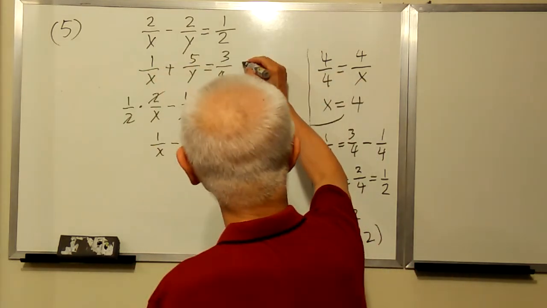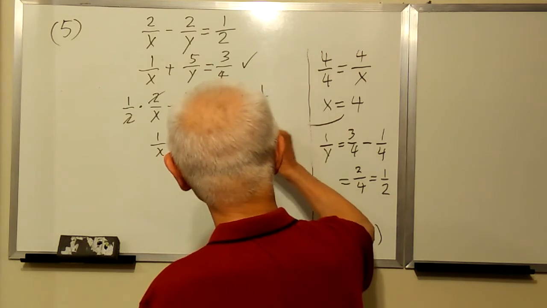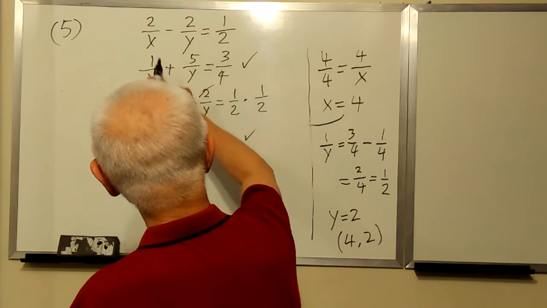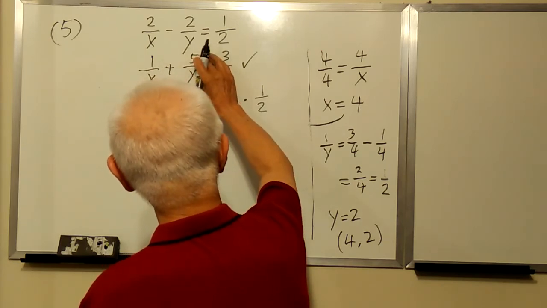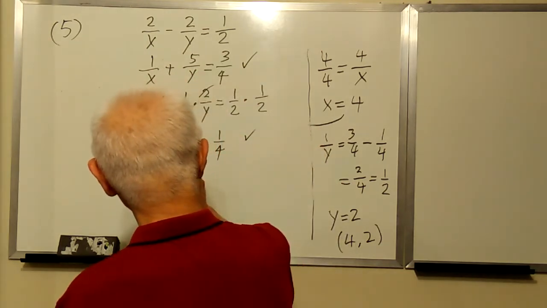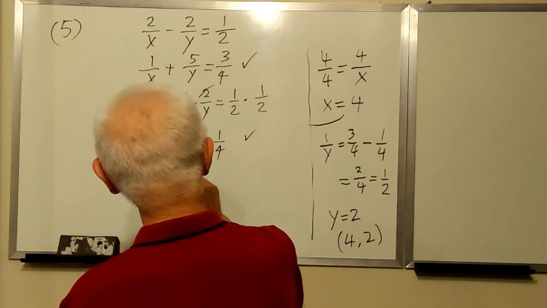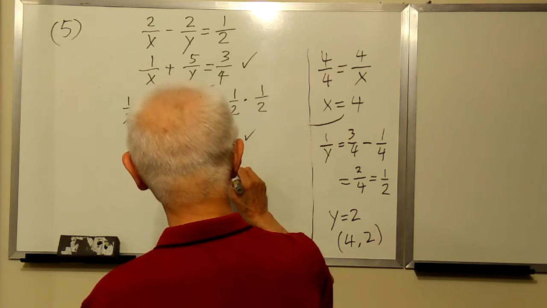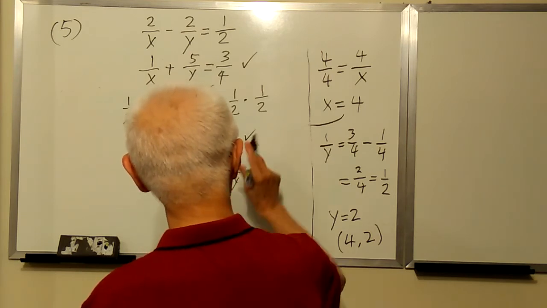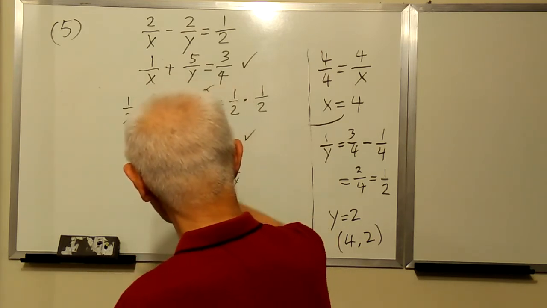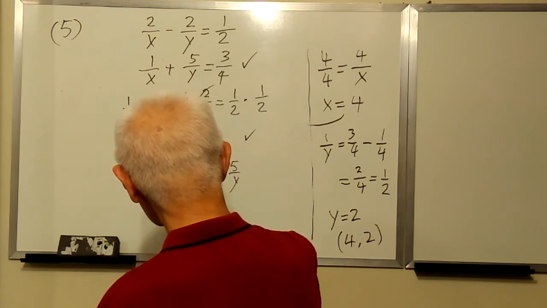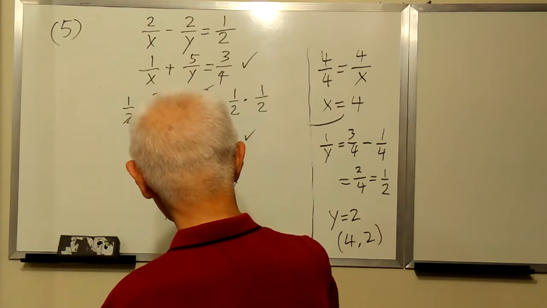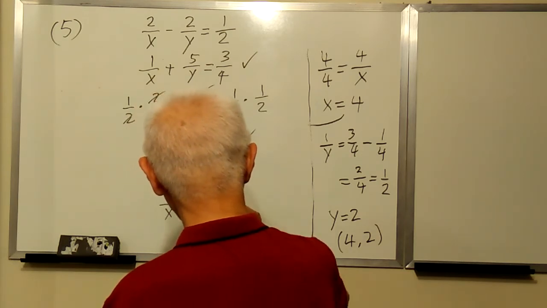Now I use these two equations. For this one, I keep the 1 over x and move 5 over y to this side. So 1 over x is equal to 3 over 4 minus 5 over y. And for this equation, I keep the 1 over x here. 1 over x is equal to 1 over 4 plus 1 over y.